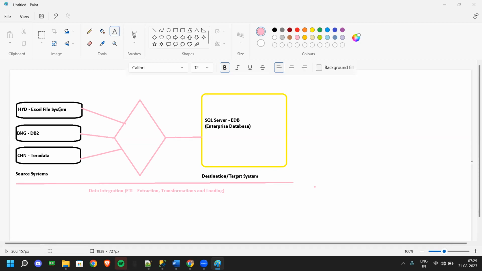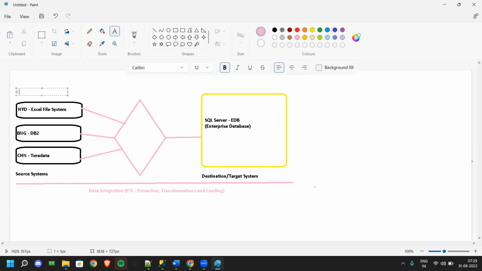Pulling the data. Getting the data, right? Instead of using reading, getting, pulling, selecting, I want to use a proper technical term called extraction. Extract the data from the source systems. Extraction is nothing but a selection, a select statement in terms of SQL.